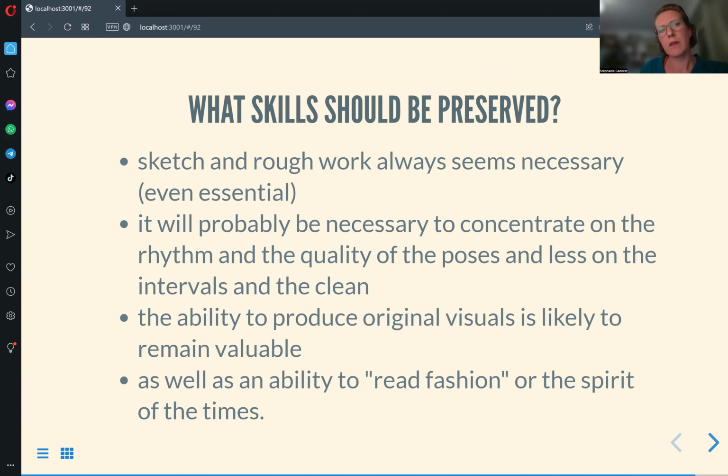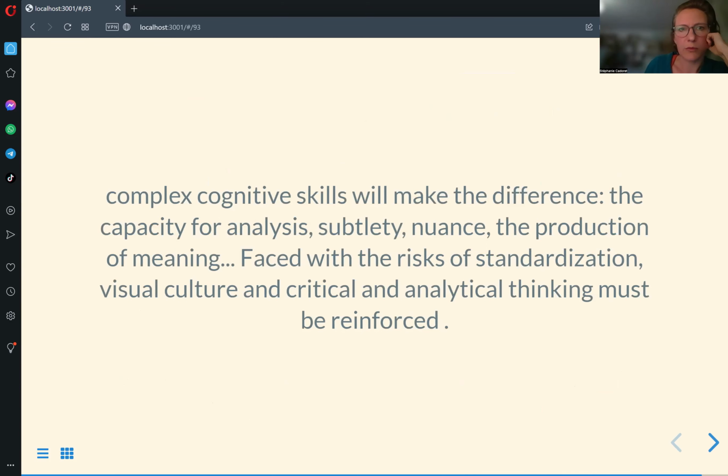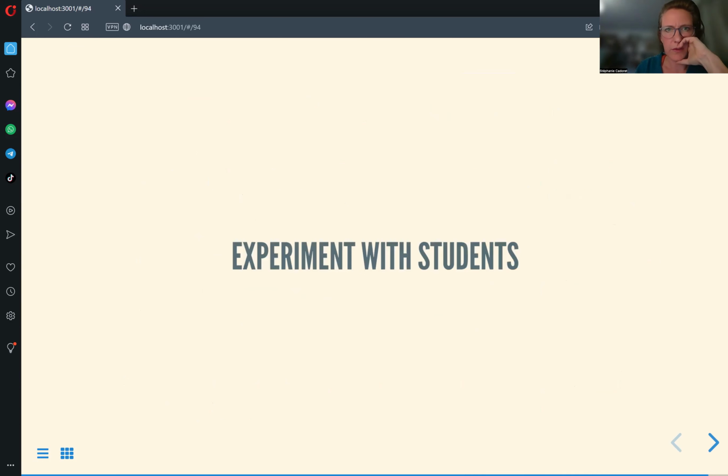The Quebec and Canada report says we need to stop doing anything repetitive and to stop teaching anything repetitive to the students. We need the ability to produce original visuals and maybe skills to read fashion. Complex cognitive skills will make the difference. And we need to experiment with students around animation.